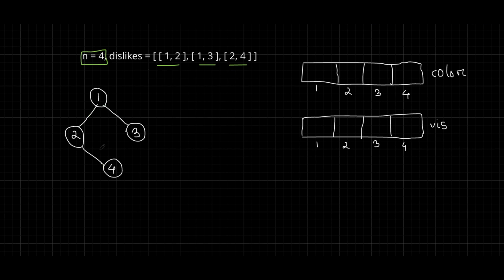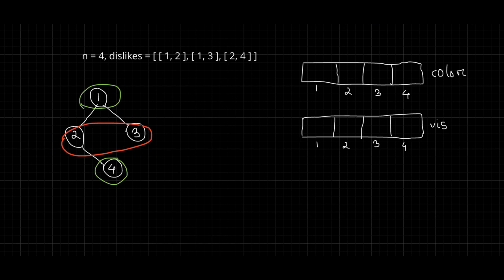Now, we have to make two groups such that no persons that dislike each other will exist in the same group. So here, it is possible that we will make group 1 with 1 and 4 and group 2 with 2 and 3.